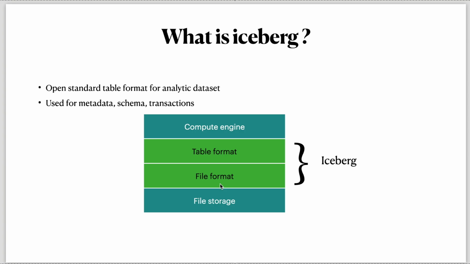Iceberg will provide schema and data organization, and the final data will be stored somewhere on disk or on cloud storage. So it's a kind of middleware. Compute engine is not concerned about schema management, transactions, and metadata of the table.